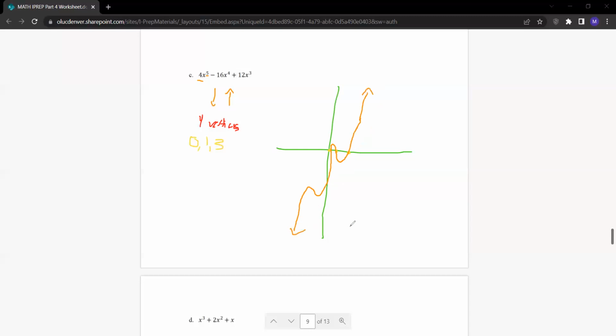Of course, this is just a guess, right? Because we don't know what exact coordinates of our vertices are. But we can definitely kind of guess, right? So if we look at our vertices, we have 1, 2, 3, 4 vertices. We have our x-intercepts. We have our end behavior. So this would be a good sketch. And again, it might not look exactly like this, but it will be kind of like this. All right, so let's go ahead and move on to part D.